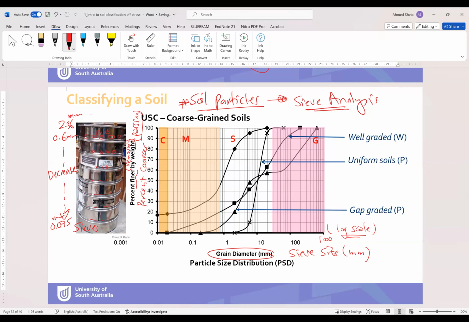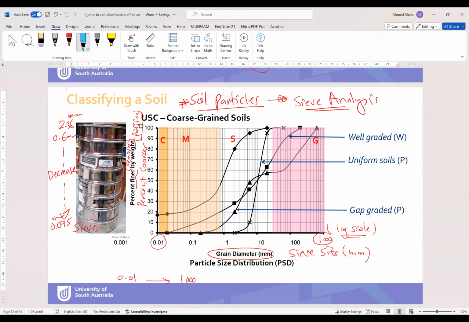This is because the size range is from 0.01 to 1000. So you cannot draw a normal scale curve between these two values. It will be hard to show the result. That's why we have this log scale.